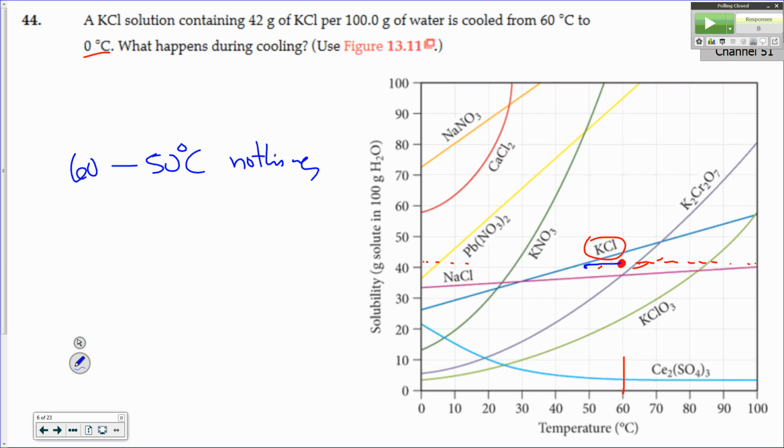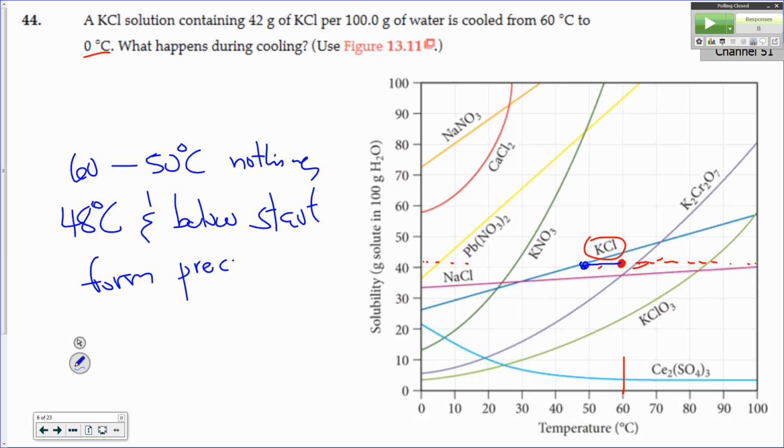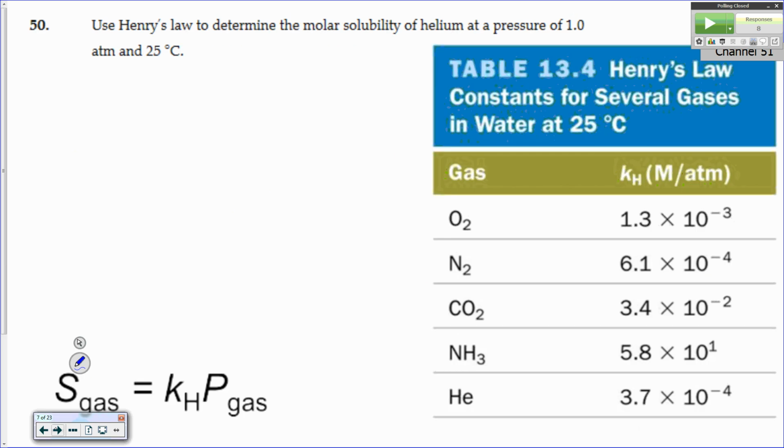But as soon as we cross the threshold, whatever that is, looks like it may be 48, slightly less than 50, so maybe 48 and below, it starts to precipitate. So it starts to form a precipitate. You're going to start snowing out of the solution. Okay, so just understand what's happening with the heating and cooling curve and solubility.